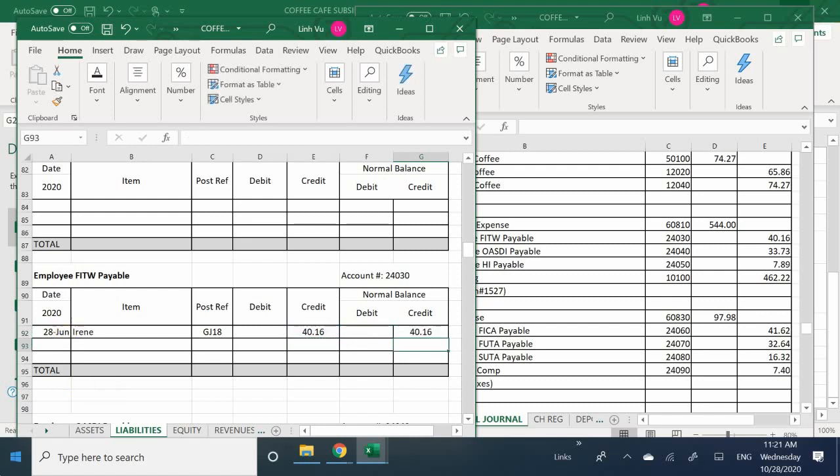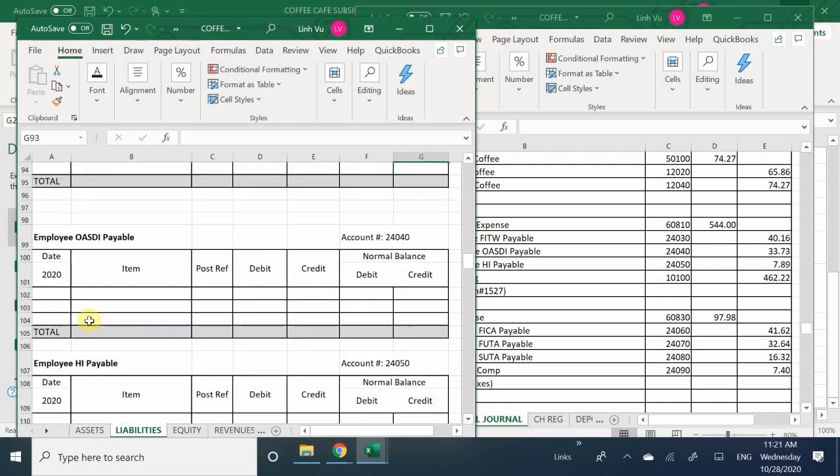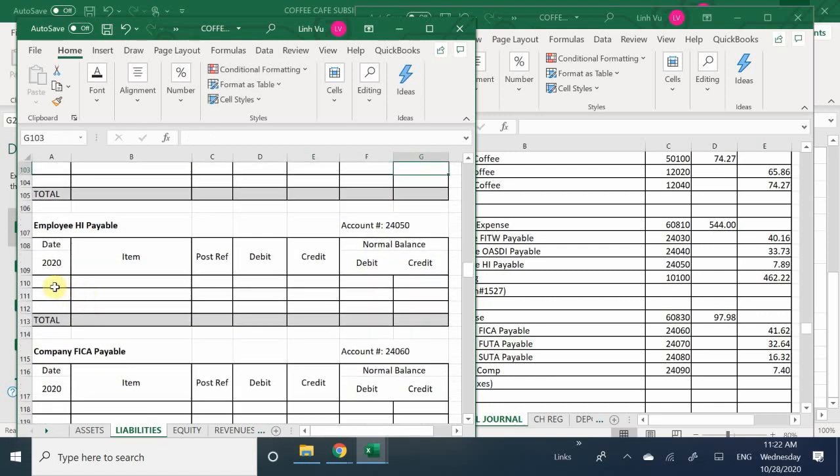Right? And then I have my OASDI. Irene 3373. And then I have my employee Medicare, 718. Credit. For $7.89, you said, Lynette? Yes.